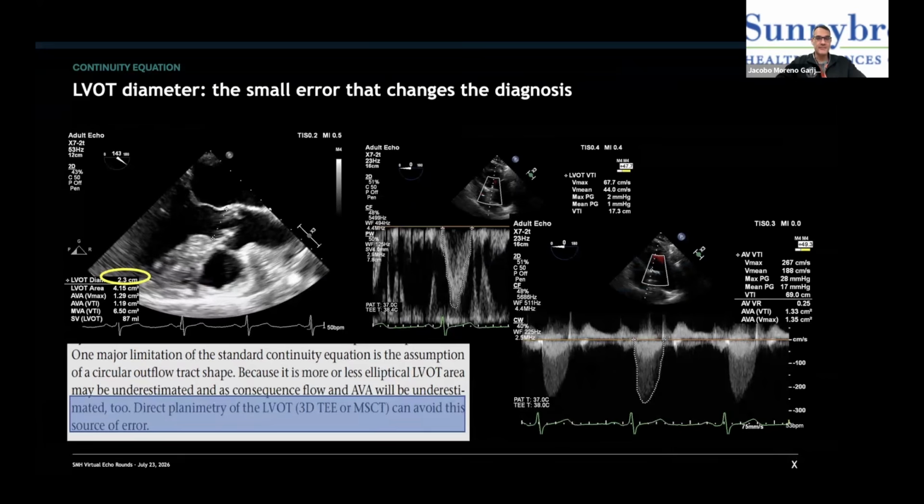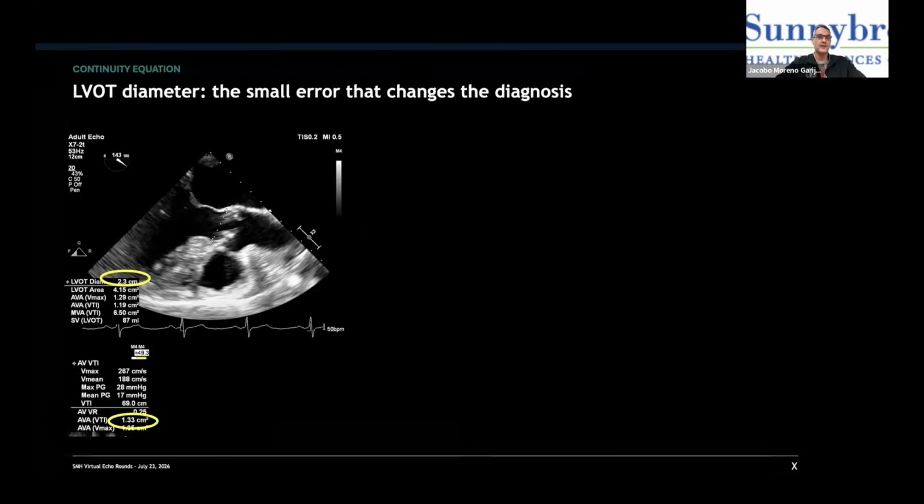Okay, this is an example of an LVOT diameter of 2.3 measured by 2D. Then we do the LVOT VTI and the aortic valve VTI with the continuous wave Doppler. We got an aortic valve area of 1.33 square centimeters, which will be in the range of moderate aortic stenosis. As we know by the guidelines, we can use 3D. So how can we use 3D?